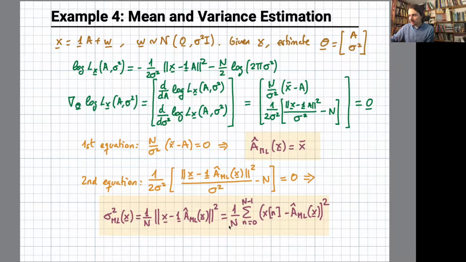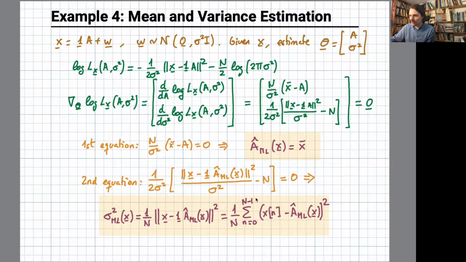And again, this can be expressed in scalar form to ease the interpretation, and this again is quite intuitive, right? Here we have, remember the definition of a variance.